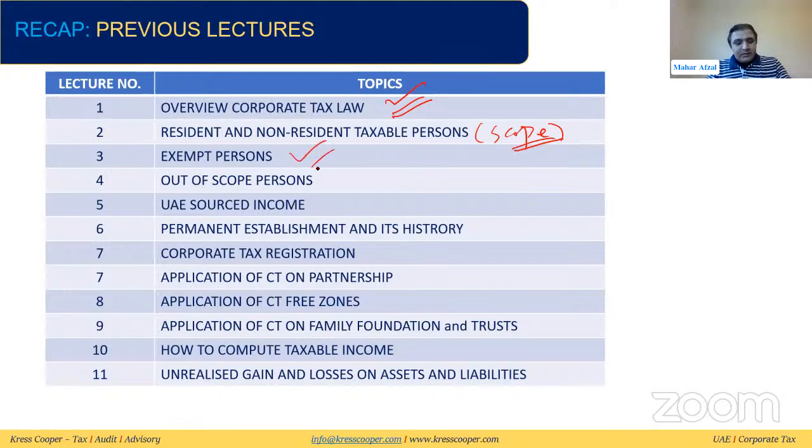Then we have discussed exempt persons, out of the scope person, UAE sourced income, permanent establishment and its history, then corporate tax registration, application of corporate tax on partnerships, on free zones, on family foundations and trusts, how to compute taxable income, and unrealized gains and losses on assets and liabilities. These are the items that we have discussed till now.